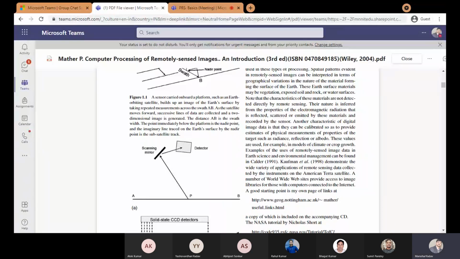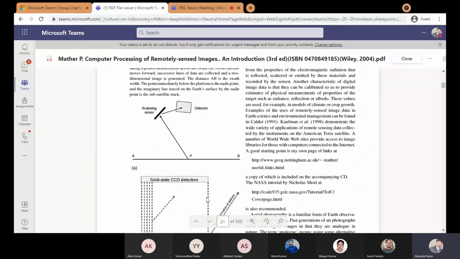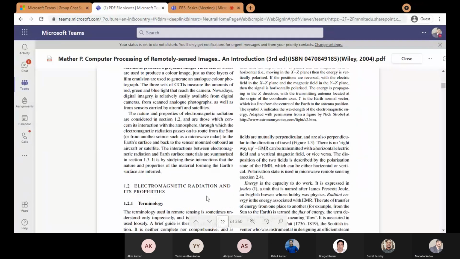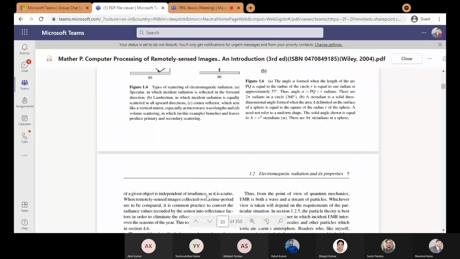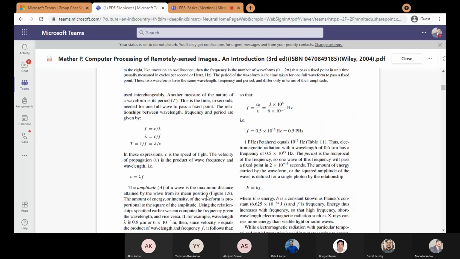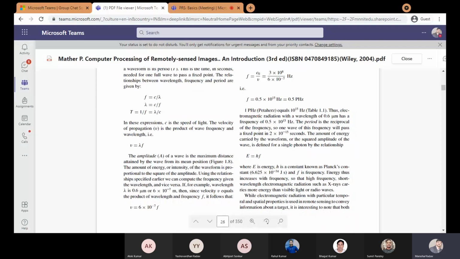I'm going forward over here. As I told you to read it, I hope you have gone through that. All of you have already read about it in your 12th standard: energy is equal to hc by lambda, where h is the Planck constant and lambda is the wavelength.